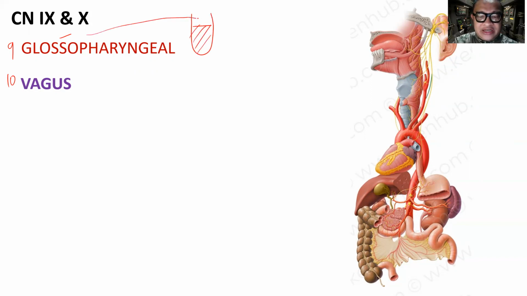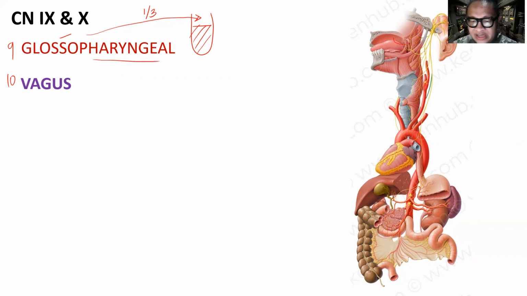Your glossopharyngeal innervates the sensation of the posterior one-third of the tongue, somewhere here. So the taste, pain, or whatever else, temperature in the posterior one-third of the tongue, that's the glossopharyngeal nerve. Just from the name itself, glosso, and then pharynx.